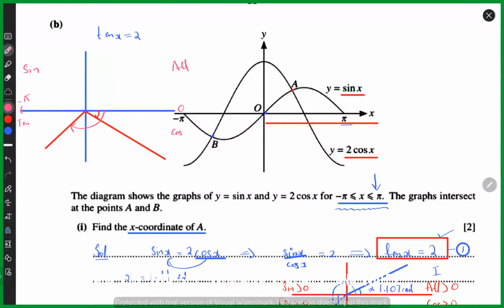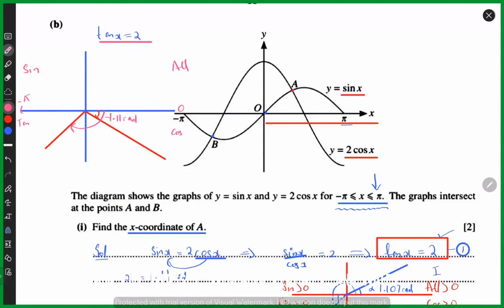So what is the basic thing? The basic thing is I need to have alpha. Alpha is going to be the same, because the equation is the same. Alpha is going to be 1.11 radians. But since we are going in the clockwise direction, I will write it down as minus 1.11.